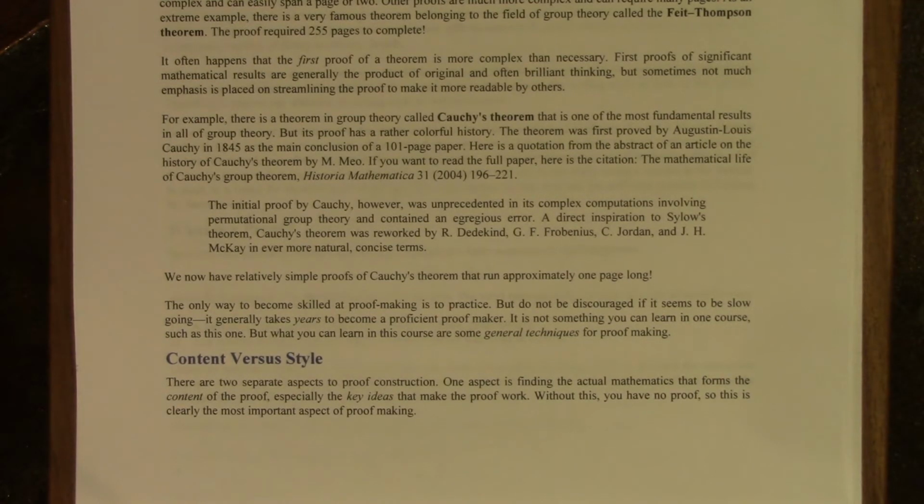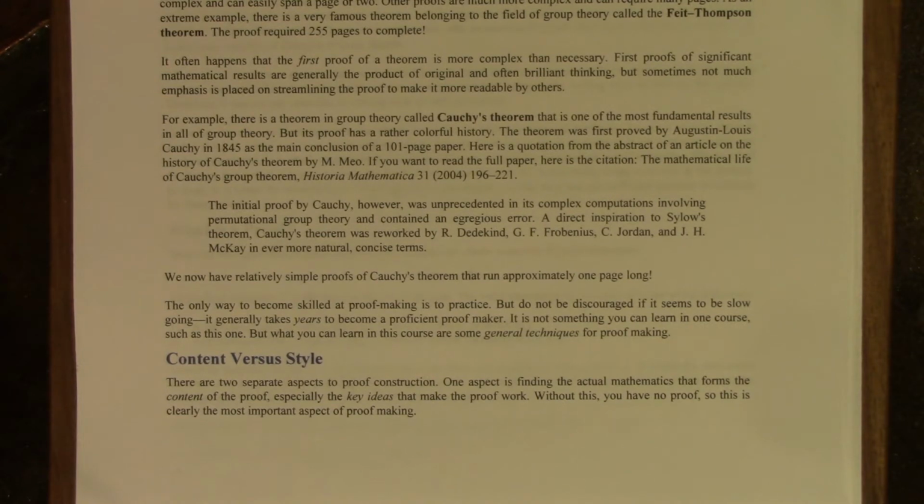A direct inspiration to Sylow's theorem, which is another one of the fundamental theorems in group theory, Cauchy's theorem was reworked by R. Dedekind, our friend Richard Dedekind we've talked about, Frobenius, Jordan, and McKay in ever more natural, concise terms. Well, today we have proofs that span less than a page.